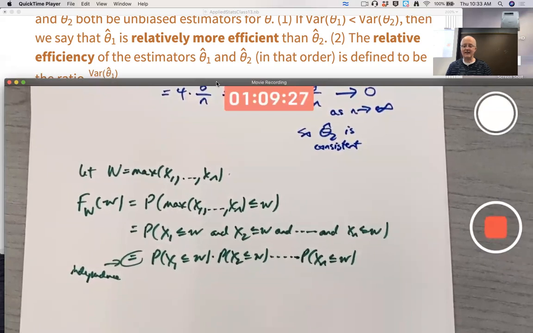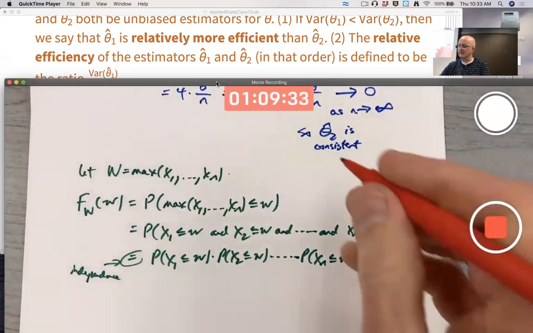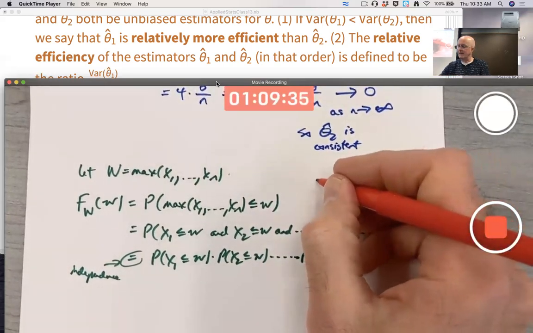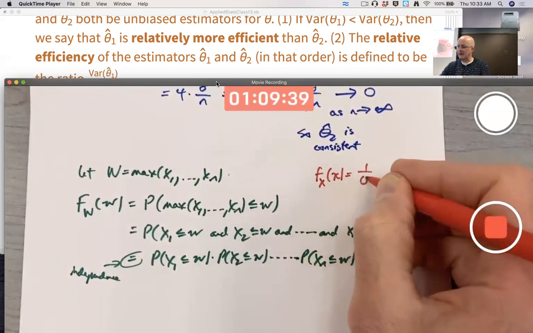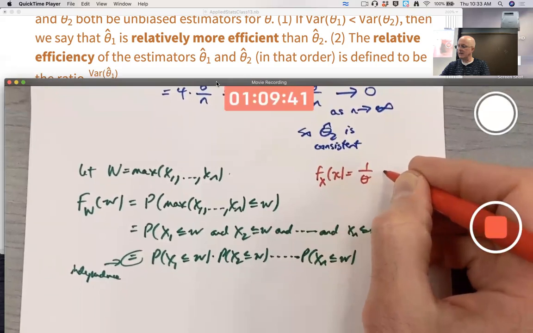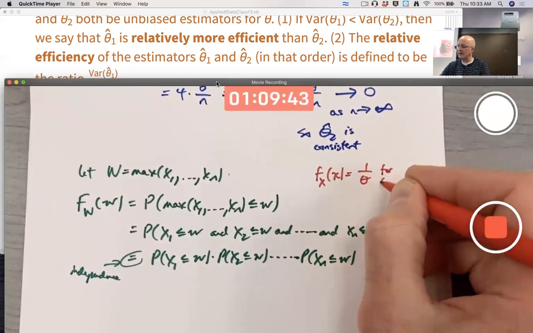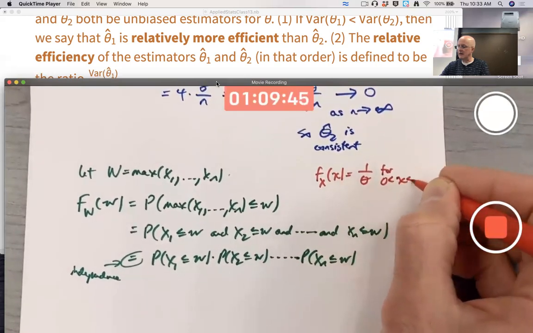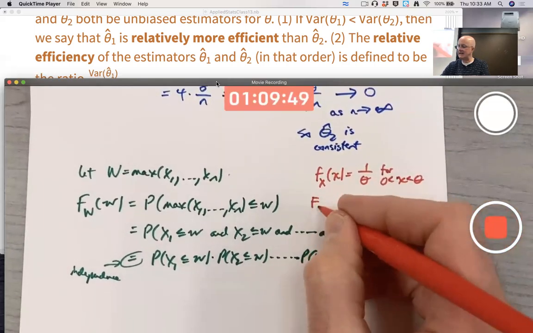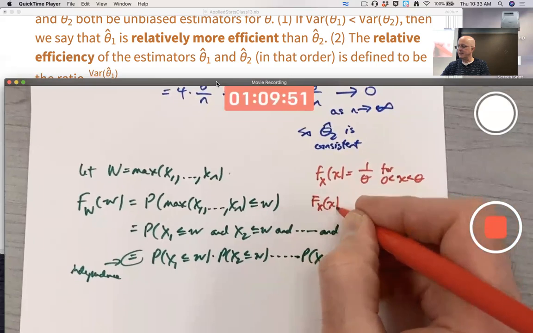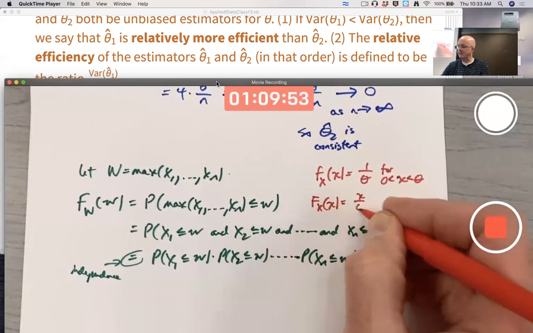Use the fact that X is uniform on the interval from 0 to theta. Its PDF is 1 over theta. Its CDF is X over theta.